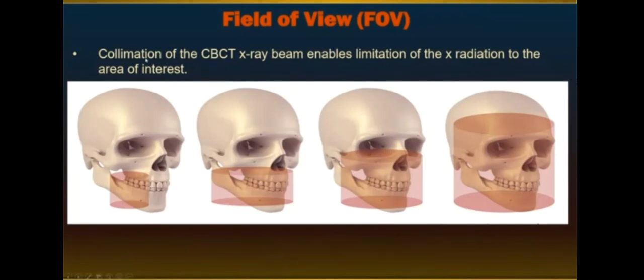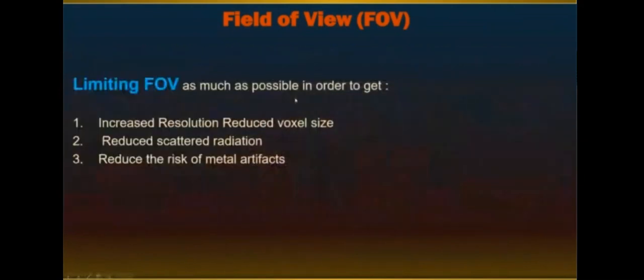The X-ray beam can be collimated just to cover the area to be examined. When considering the field of view, it's very important that we use a limited FOV as much as possible. Why? Because if you expose areas which are not required for implants, like areas containing denture sites with restorations, it will add artifacts.